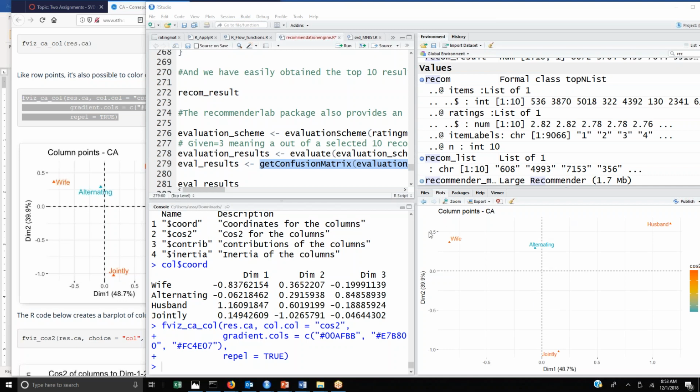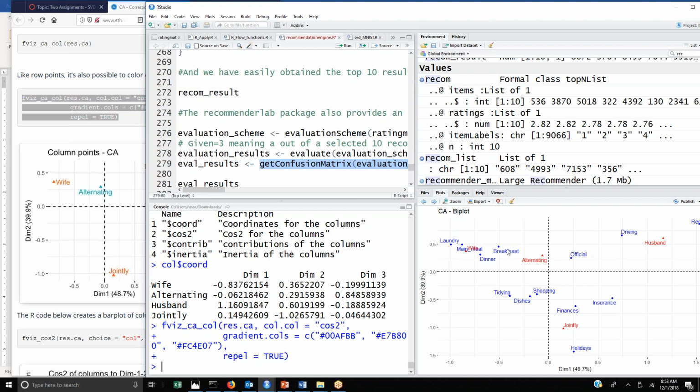Okay, you can see that column explanation clearly separates out the husband and wife, and then in this dimension separates out the alternating versus joint activities. So when I put together, then I get the original one, what we got initially, that is this one. The blue ones are about the separation of row activities, activity types. Red ones are responsibility type. Okay, and in one shot, we are able to explain both the row type dimension reduction and the column type dimension reduction.